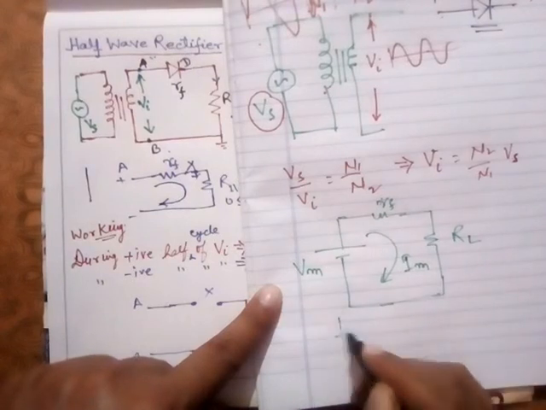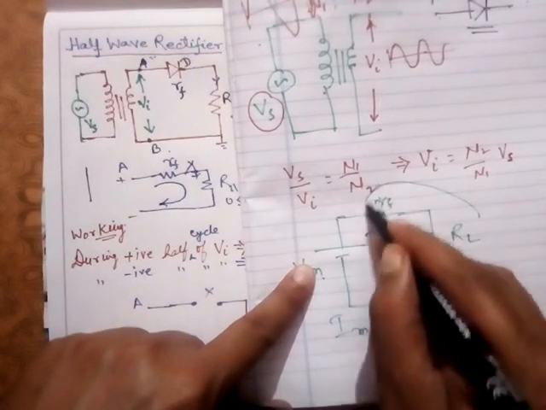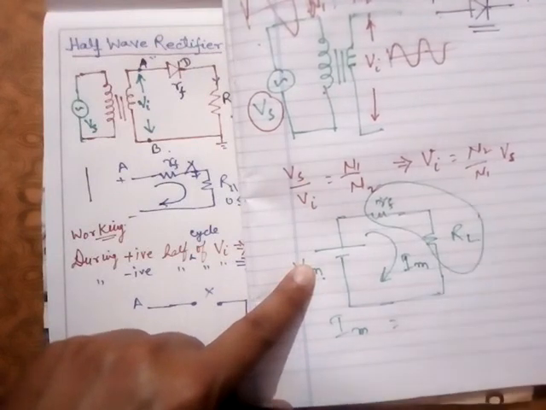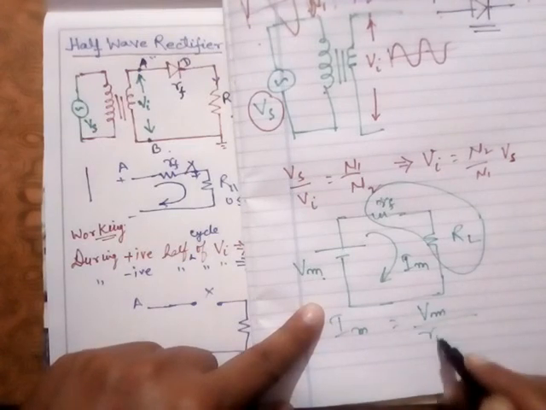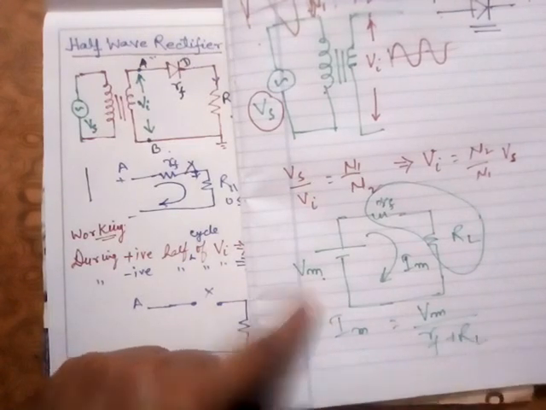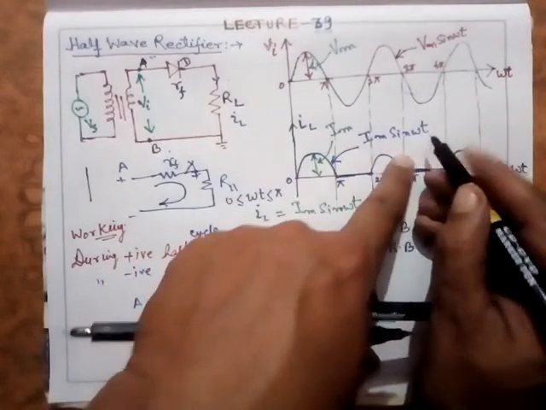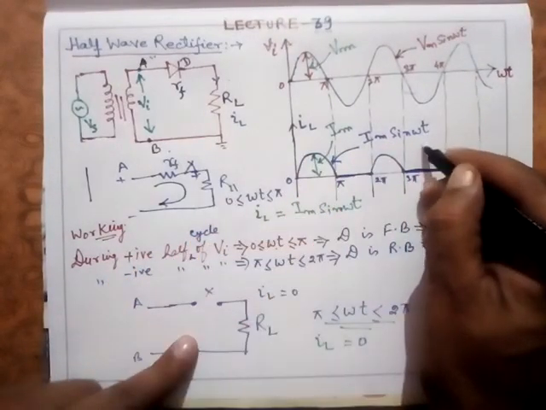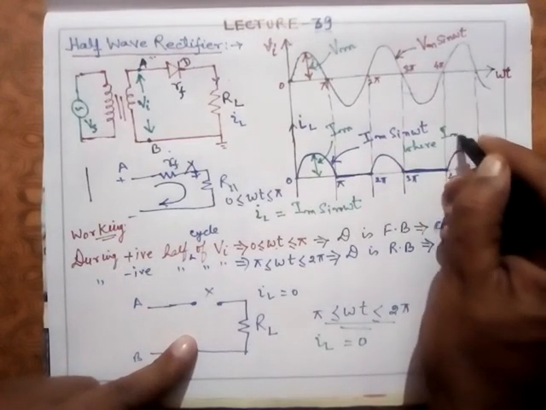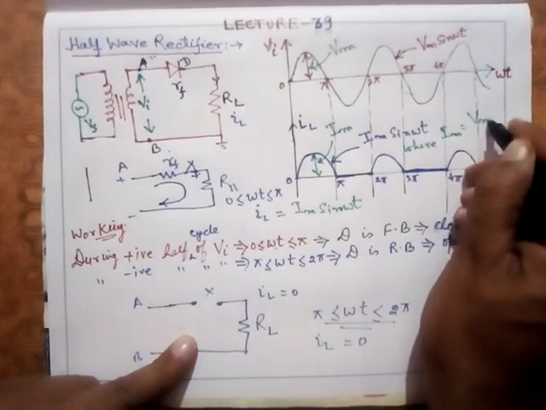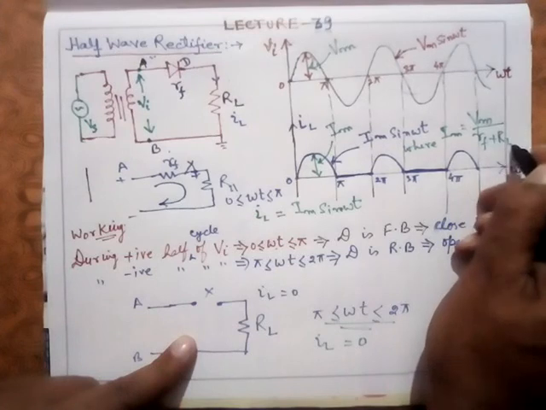So what is the value of Im? Im will be V upon R, and these two resistances are in series. So I can say it is equal to Vm upon Rf plus RL. So I is equal to Im sine omega t, where this Im is equal to Vm upon Rf plus RL.